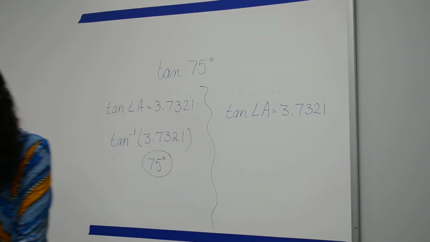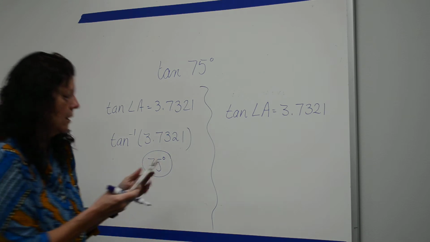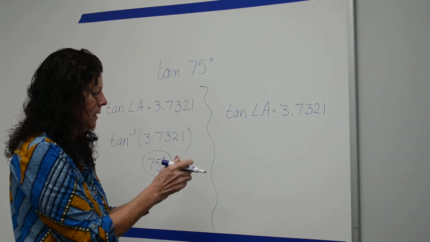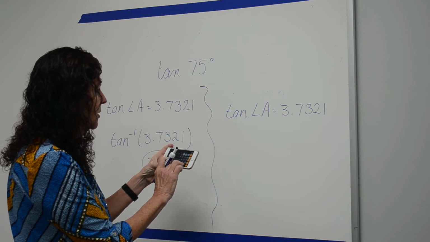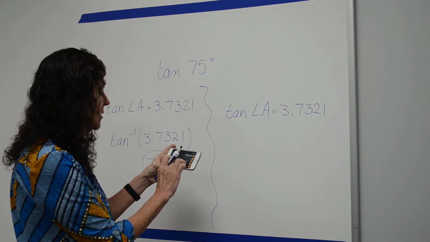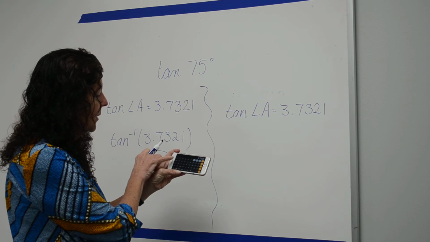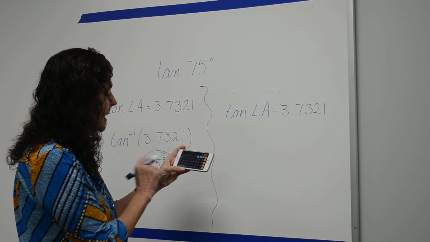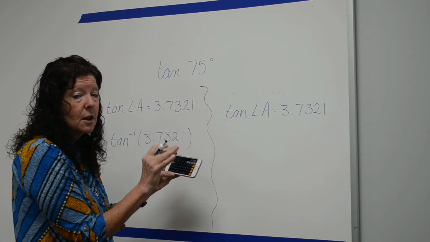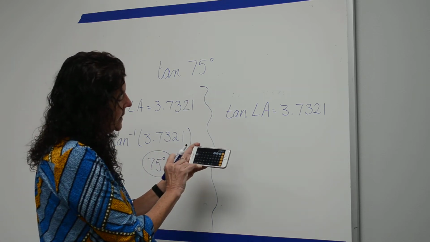If you're on your phone, it's a little bit harder, but again, you're going to turn it sideways, make sure it's cleared. You're going to press 3.7321. Then you're going to press the second button. When you press that second button, those little number things down here should change.